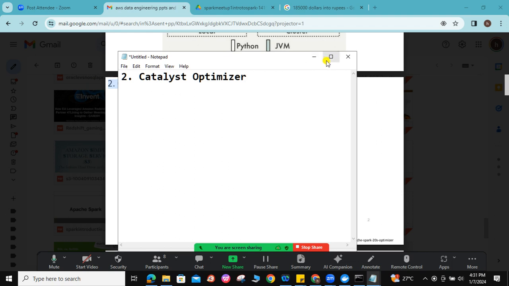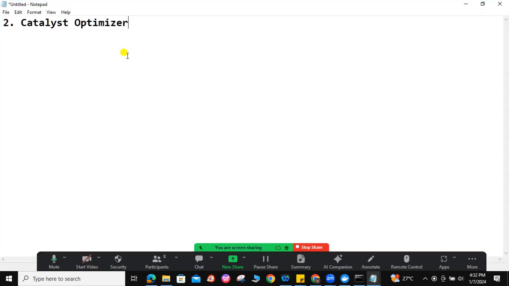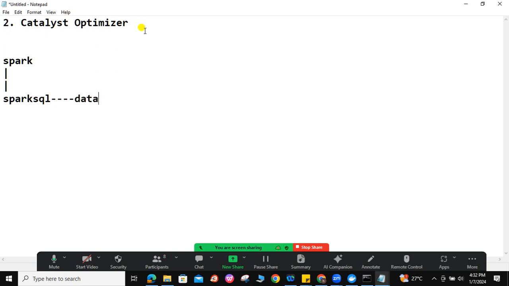See, what happens is Spark can be run using Spark SQL and also the DataFrame API or a Pythonic way.